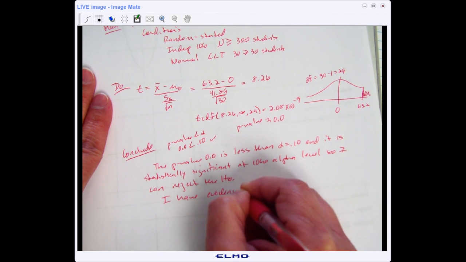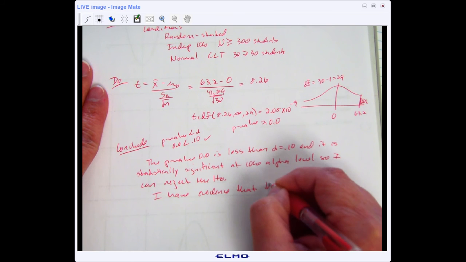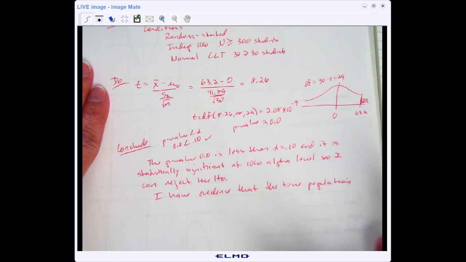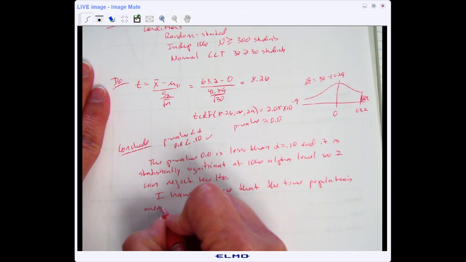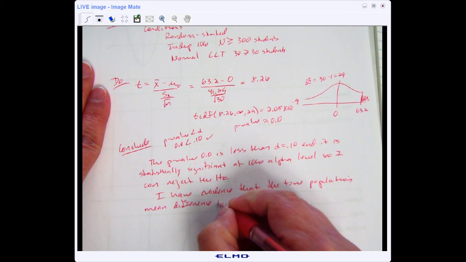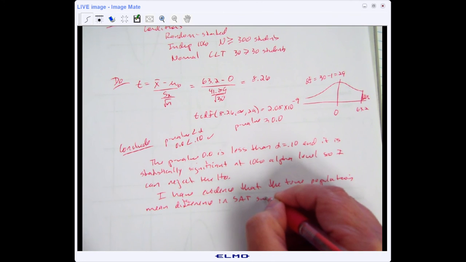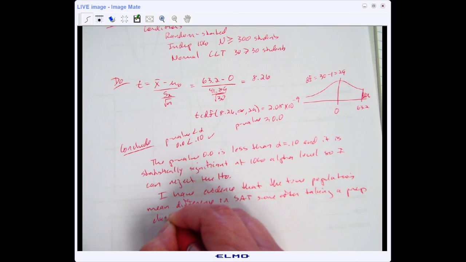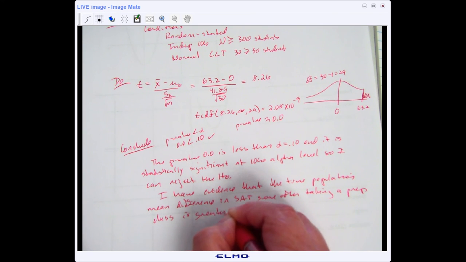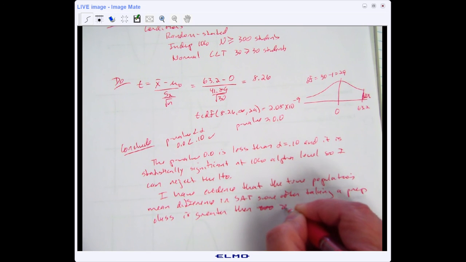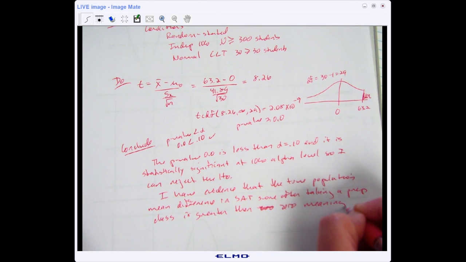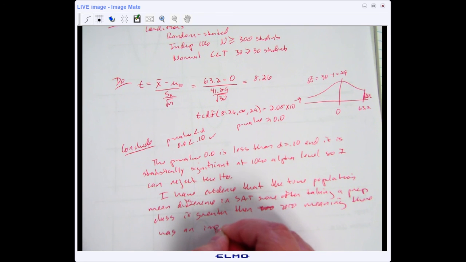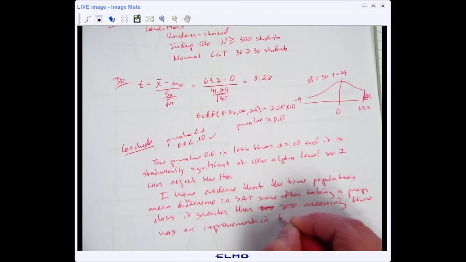I have evidence that the true population mean difference in SAT scores after taking a prep class is greater than 0, meaning there was an improvement in the SAT score.